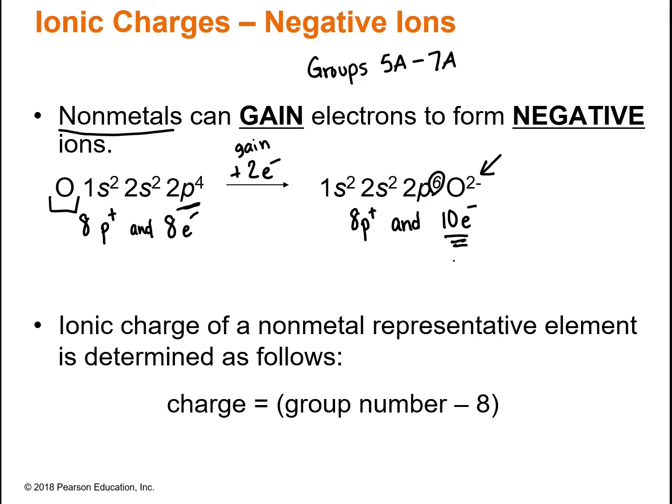So this means that we're going to have a negative charge. The difference between the electrons and the protons is 2. We've got more electrons than protons, so that's what our charge is going to be. Are you with me so far?